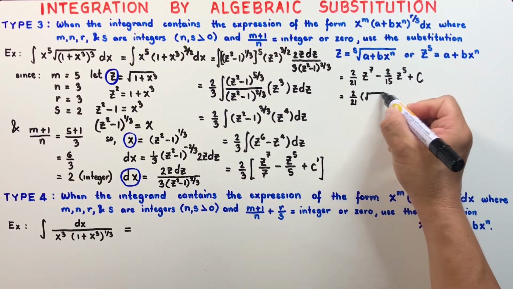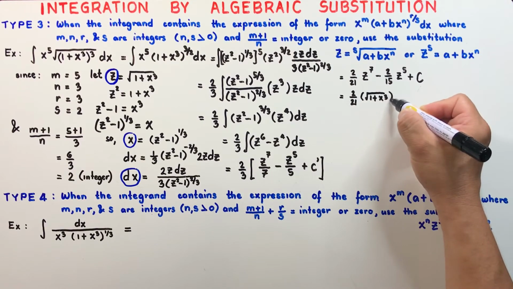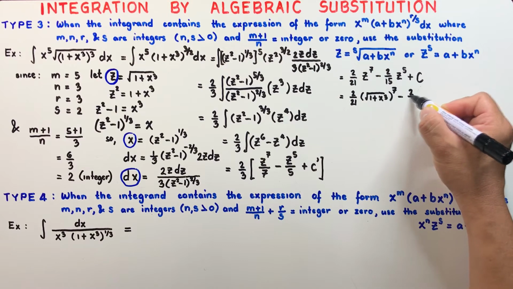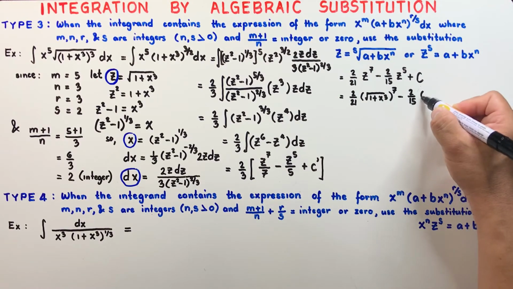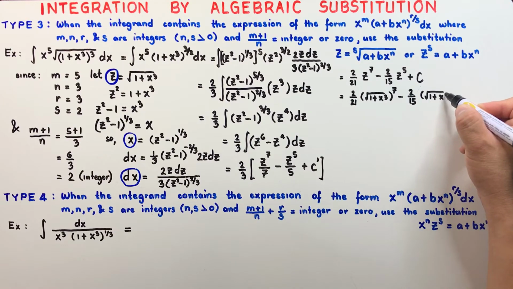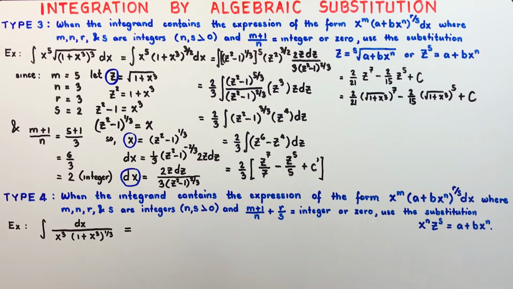the square root of 1 plus x cubed, but this is raised to the exponent of 7. And this will be subtracted by 2 over 15 times the square root of 1 plus x cubed, but raised to the exponent of 5 plus the constant of integration c.